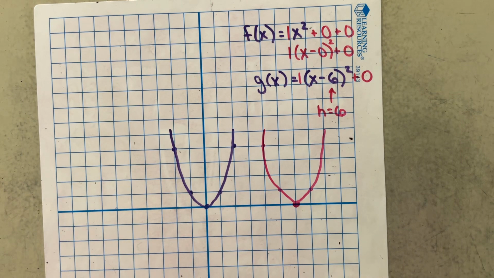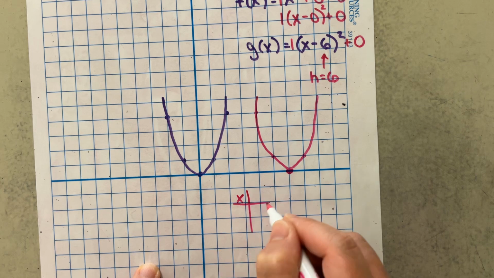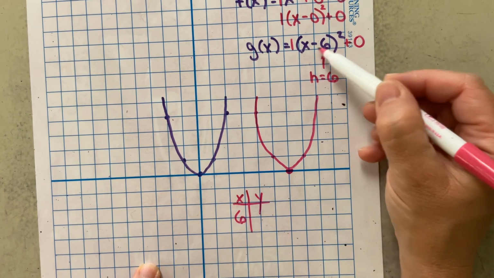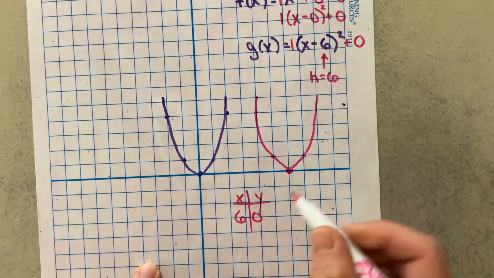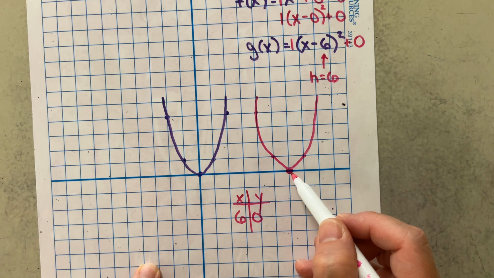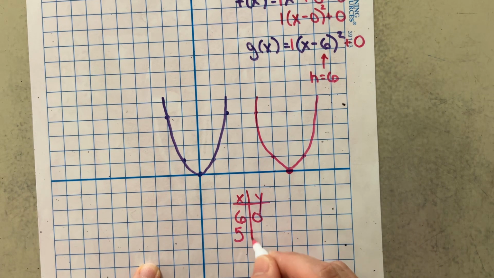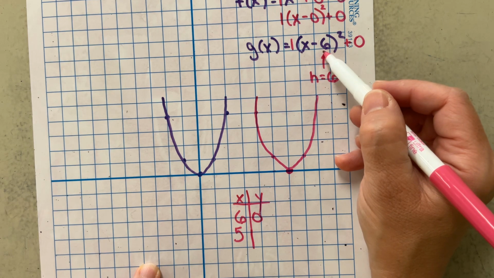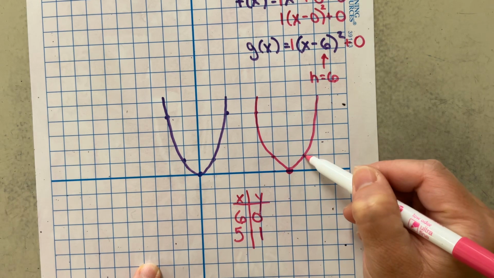If you weren't sure, you could plug in numbers. So let's plug in some x's and y's. Let's start with that 6. So 6 minus 6 is 0, 0 squared is 0, which is right there. Let's go back this way and do 5. So 5 minus 6 is -1, and -1 squared is 1, and that's right there.